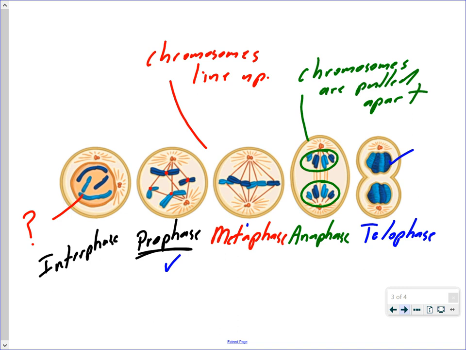When we get to telophase, well, now we say that they are at the pole. During prophase, they condensed and they became visible. During telophase, they're going to decondense. So think of it in some ways as a reversal of the events that we did see taking place in prophase.